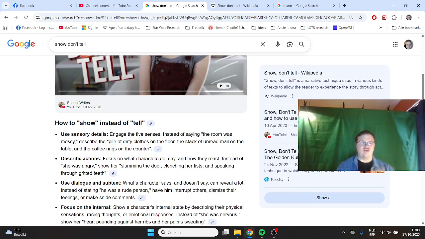But then you can use this at the same time also for telling, because oftentimes clothes, wardrobe tells a lot about the person that uses those clothes.